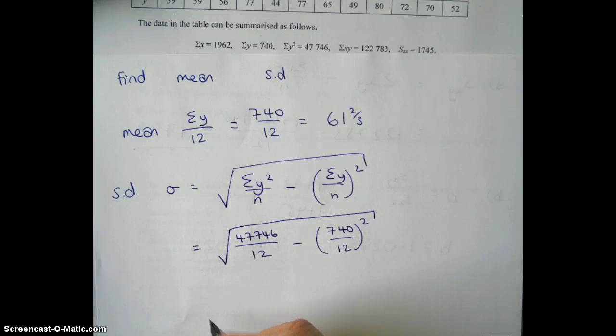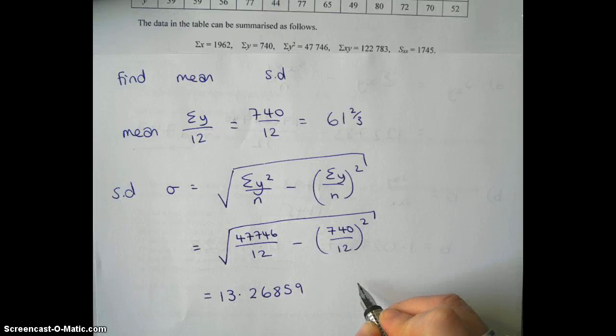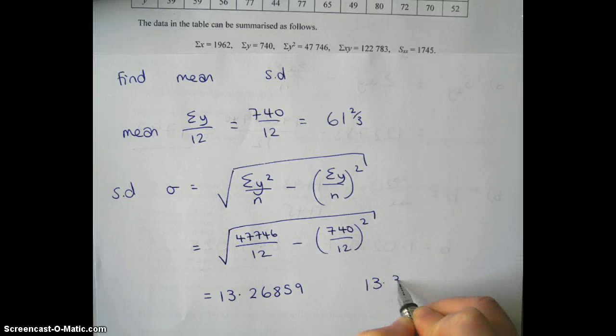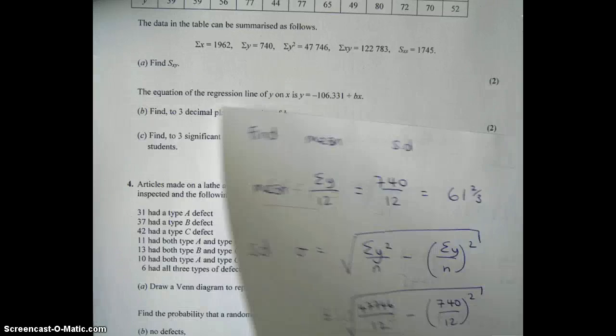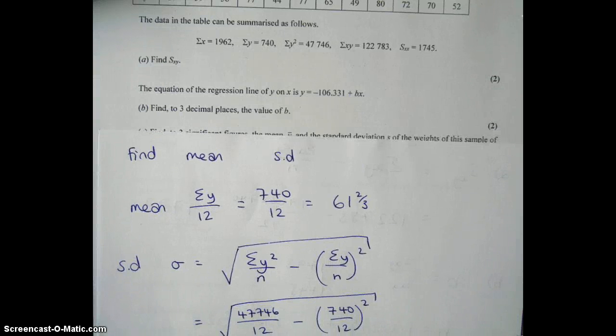Take the square root of the whole thing, and the answer comes out as 13.26859. And they've accepted in the answer sheet 13.3, anything that rounds to 13.3 for that answer.